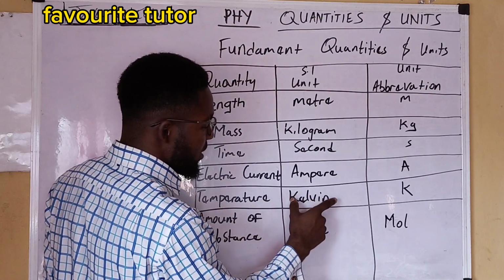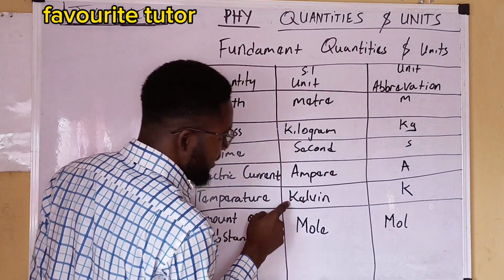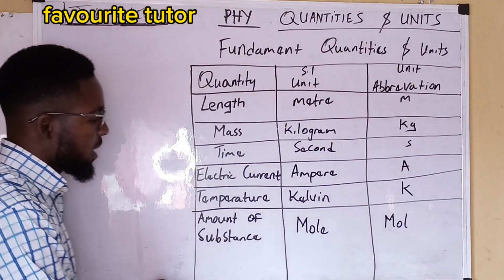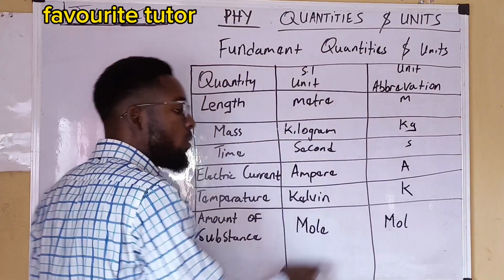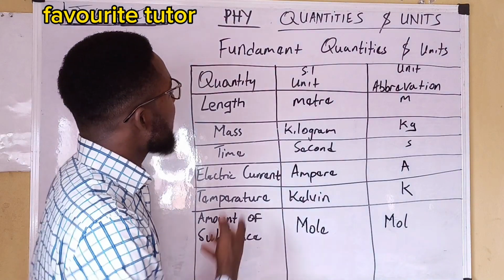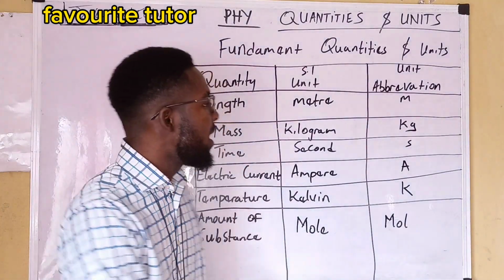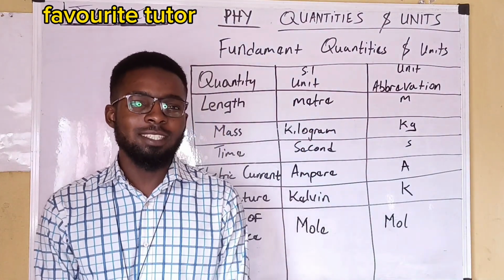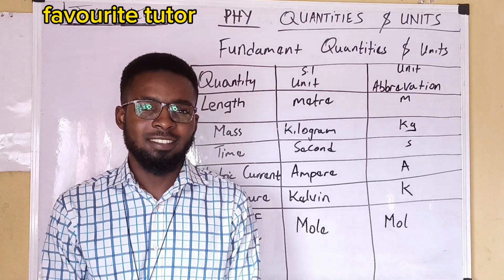We use the name Kelvin, capital letter K. Amount of substance, the unit is mole, abbreviated mol. So these are fundamental quantities and units. Very important so long as the subject physics is concerned.